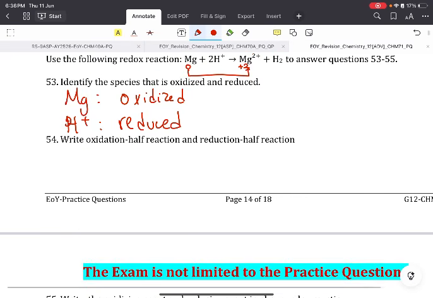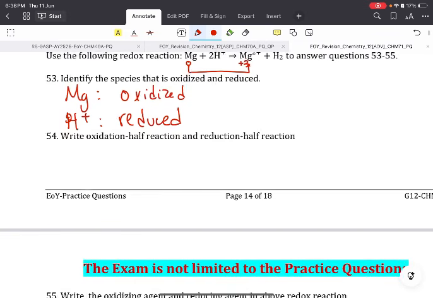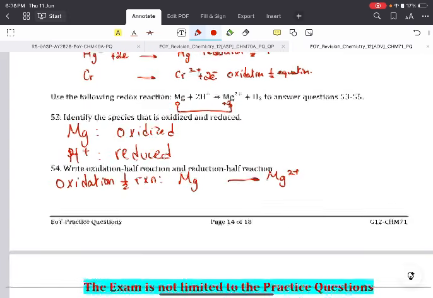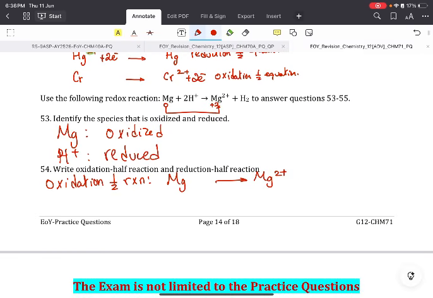Write the oxidation half and reduction half reaction. So the oxidation half reaction is Mg turning into Mg2+. Again, I said oxidation, the electron is after the arrow, 2 plus, 2 electrons.